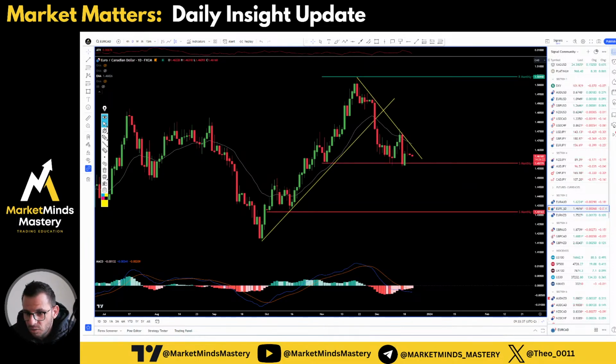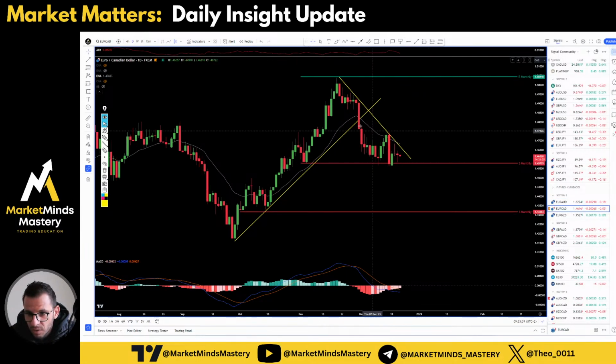And Euro/Canadian dollar, look at this one here, it's kind of a congestion area that we expect to break to the downside, and if this is going to happen, keep an eye on that and you can trade it all the way to this support down there.